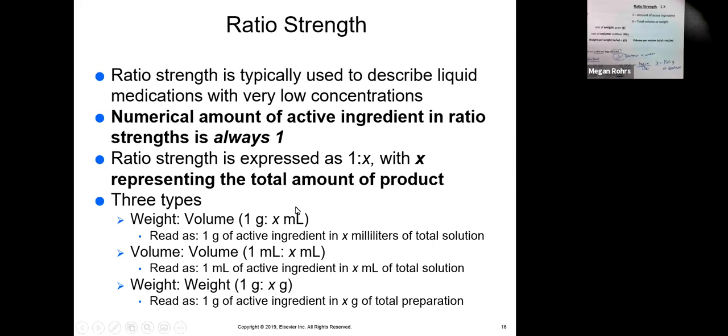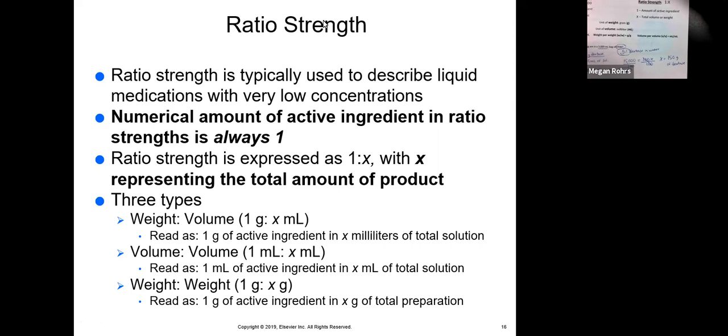Now just with any type of drug, you can either have a weight per volume, a volume per volume, or a weight per weight. So we're still using the units of grams and milliliters. So if your problem gives you something in milligrams or something in liters, you're going to have to convert those first before you plug them into your equation, or you will not come out with the right strength, okay?